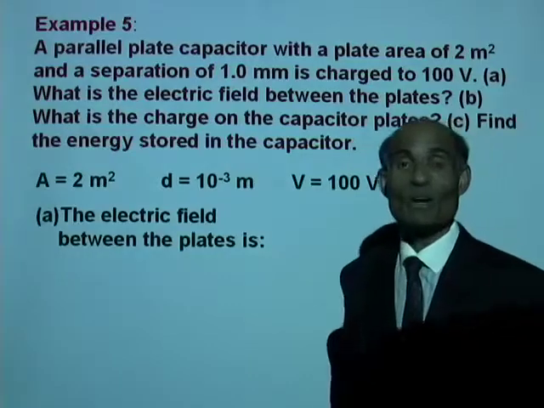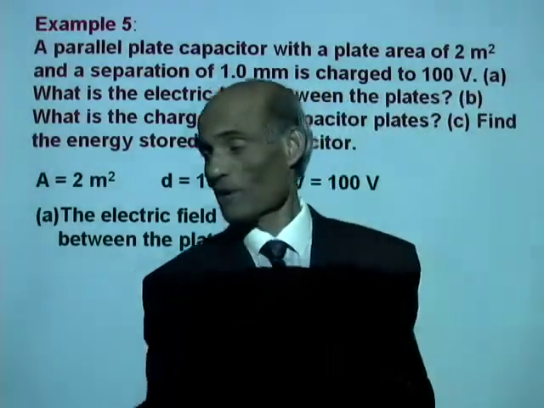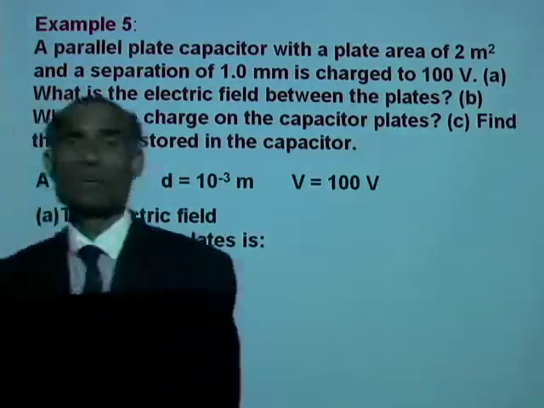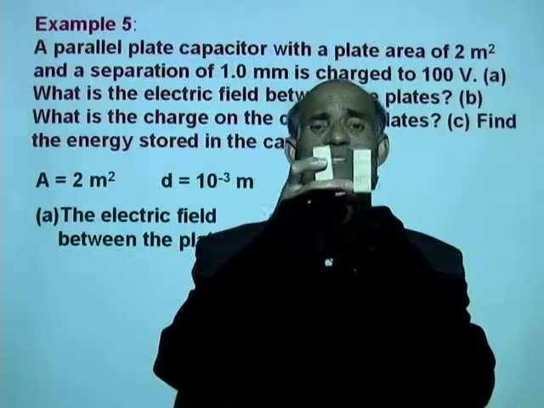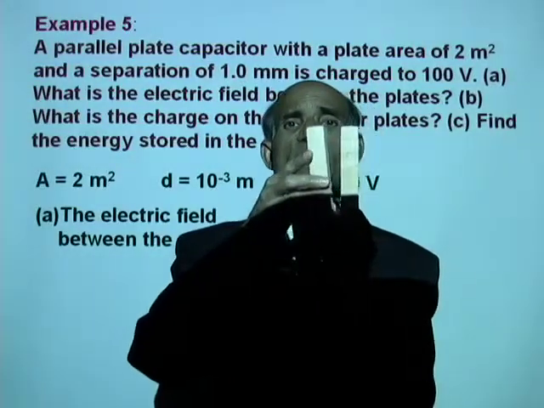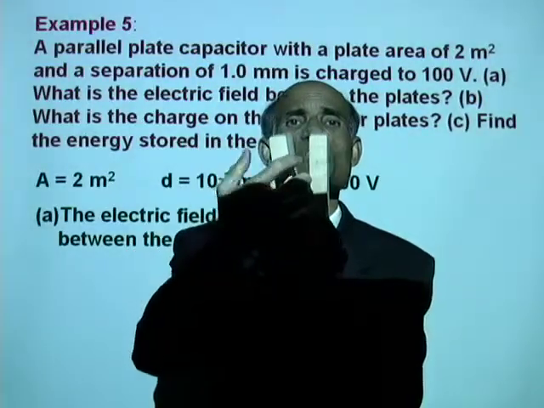Can you tell me what equation we will use for electric field? We have 2 parallel plates separated by a distance d. What is the electric field between these two plates?